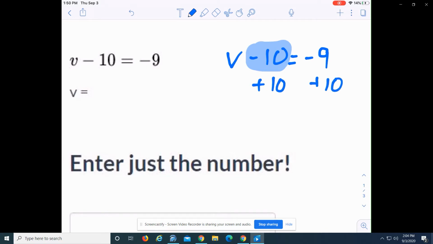It's really important that you understand that I'm doing this to both sides of the equal sign. So what ultimately happens is these 10s will cancel each other out, and the v drops down. Equal sign drops down.